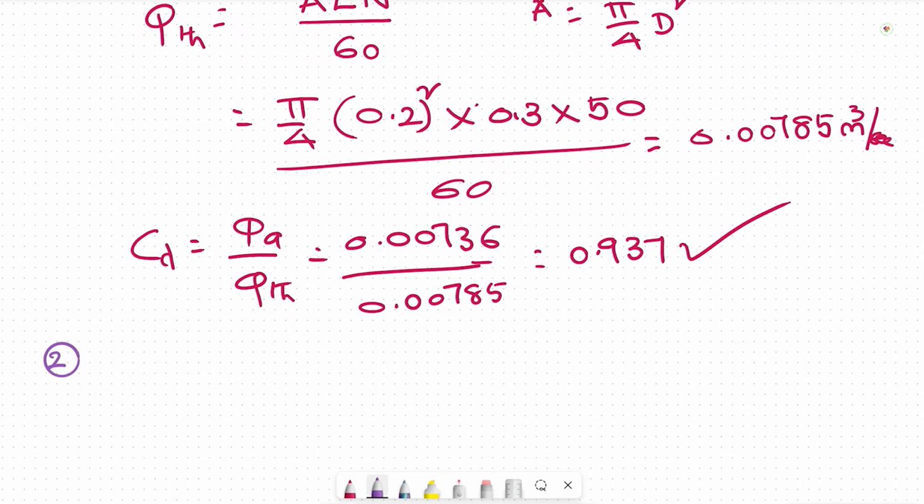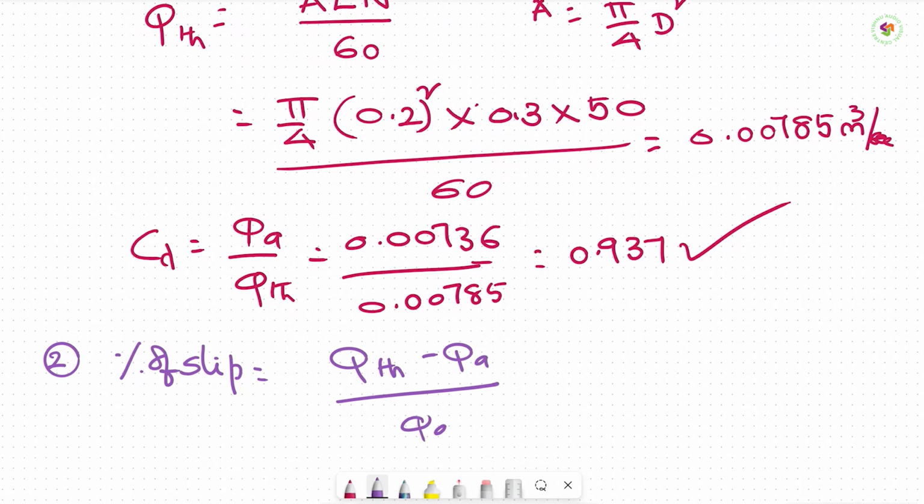Then, let us go into the second answer. What is the second thing they have given? Percentage of slip. Percentage of slip is nothing but Q theoretical minus Q actual divided by Q theoretical, into 100. So now you write it.